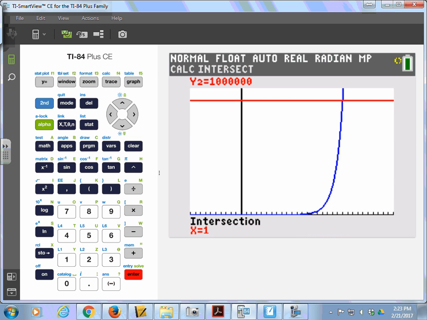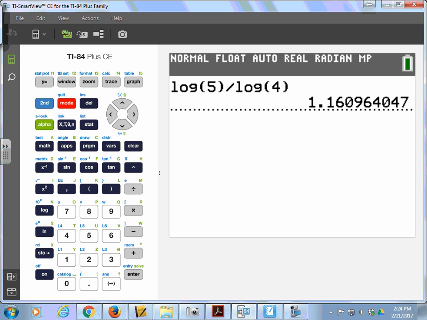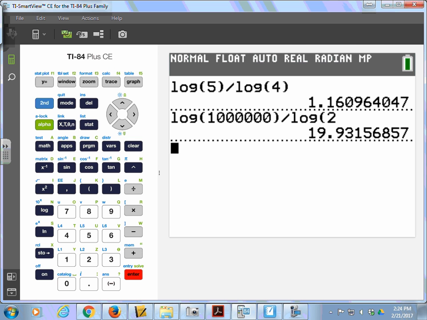So second trace, number 5, 1, 2, 3. It gives us 19.9. So in approximately 20 hours, the amount of bacteria will reach 1 million. And if I do the log of 1 million divided by the log of 2, I will also get 19.93.